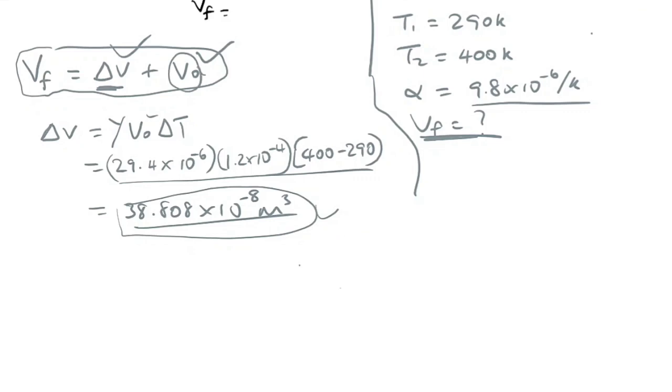The formula is: volume final is equal to the change in volume, 38.808 times 10 to exponent negative 8, plus the initial volume, 1.2 times 10 to exponent negative 4.